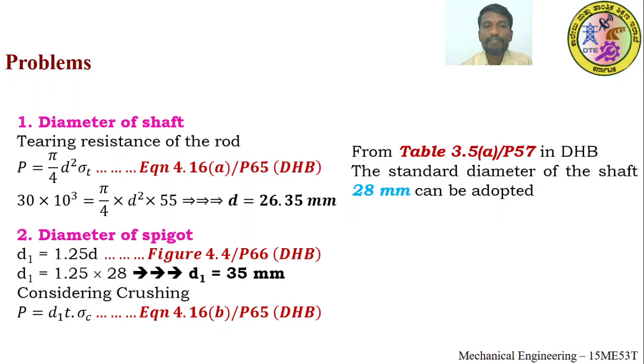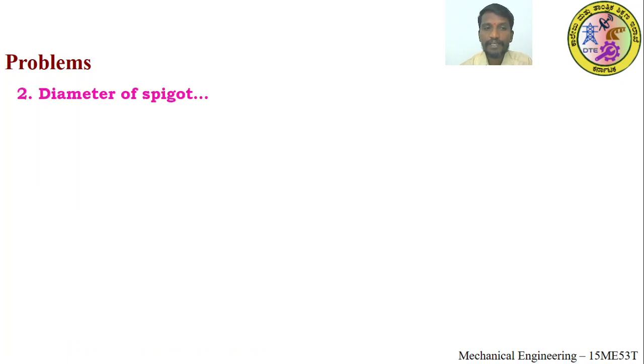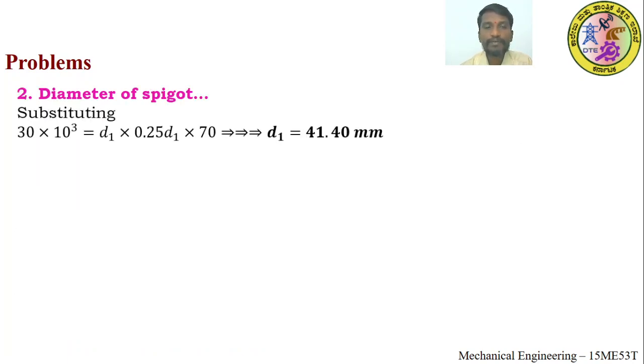Here t we have to calculate, and t we get from figure number 4.4 on page number 66. Applying these two and substituting, we get d1 is equal to 41.40 mm.